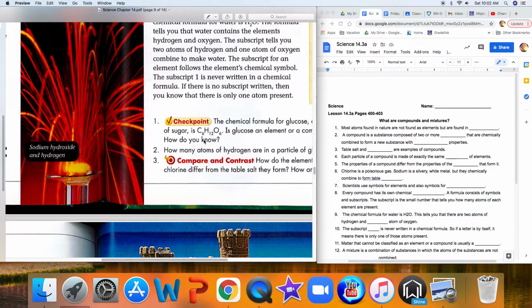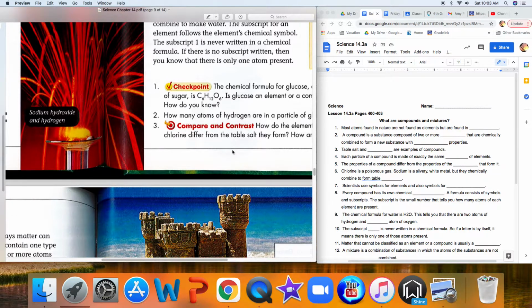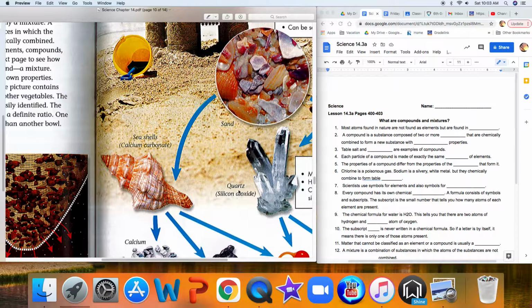It will contain letters and possibly numbers. Now, it doesn't have to have numbers, guys. They don't all have numbers. Carbon monoxide is CO. Sodium chloride, NaCl, that's table salt. There's no numbers with it because it's on a 1-to-1 ratio. So I don't know the chemical formula for quartz off the top of my head, but if you want super extra credit, you look it up and you write it on the top there next to what quartz is.